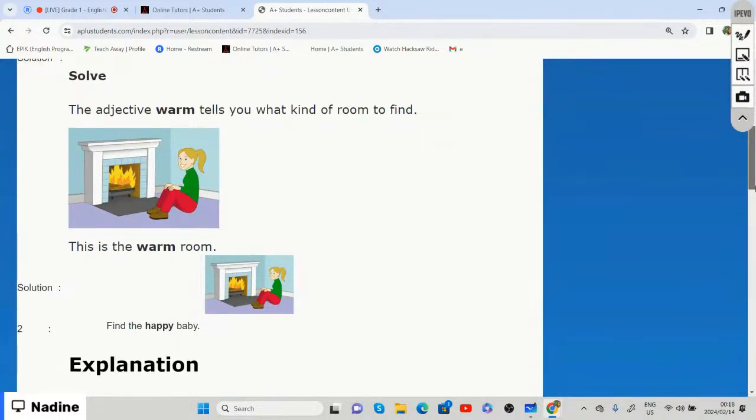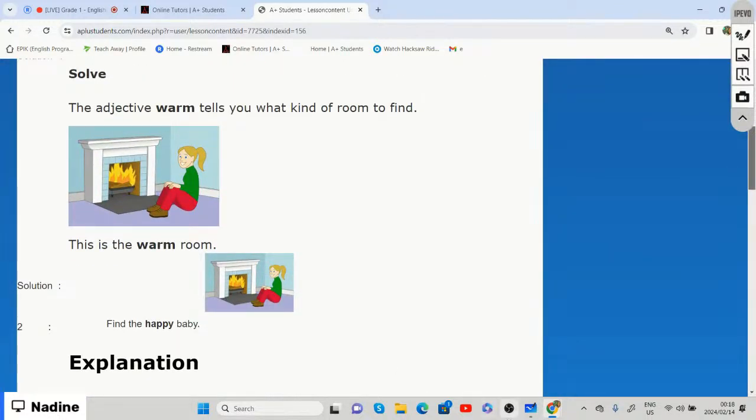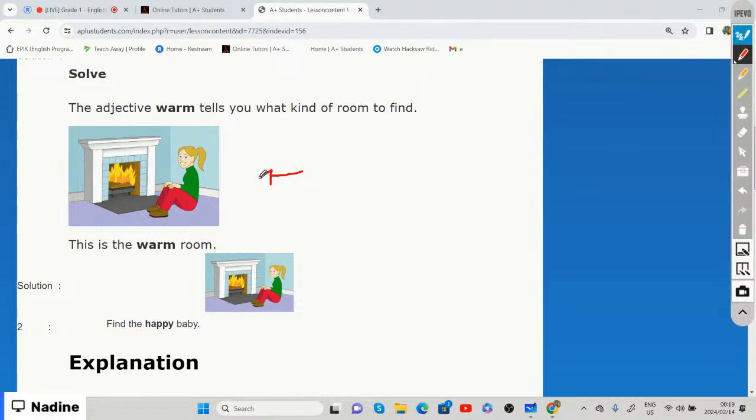If we were to find the warm room, then over here we'll find the warm room, which means that this will be the warm room where the girl is sitting in front of the fireplace. All right. So she's sitting in front of the fireplace and she's not just heating up herself, but she's heating up the room.